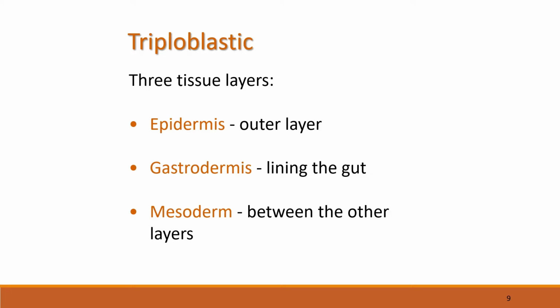And I just want to point out that this mesoderm layer is distinct from the mesoglia layer that we saw in the cnidaria, which isn't a true tissue, whereas this mesoderm layer is a true tissue layer.